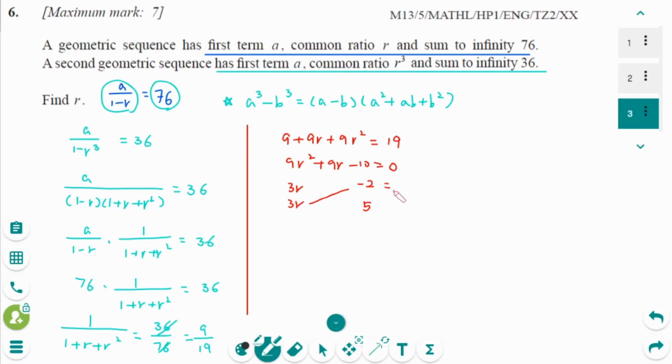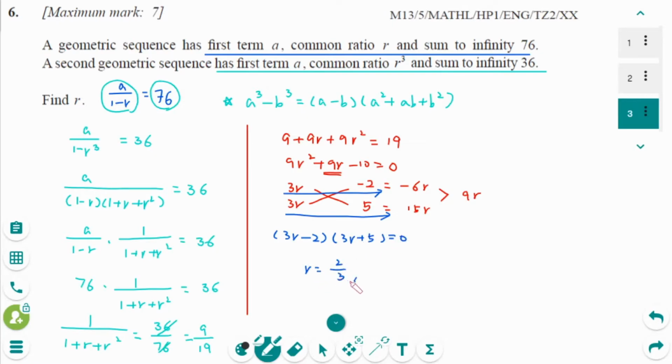Then 3r times minus 2 makes minus 6r. 3r times 5 equals 15r. Combine together, 9r, which is the middle term. We can factor: 3r minus 2 times 3r plus 5 equals 0. So r equals 2 over 3 or minus 5 over 3.